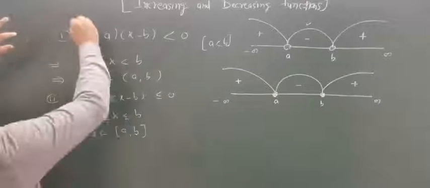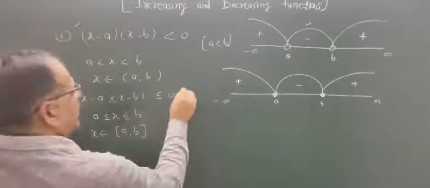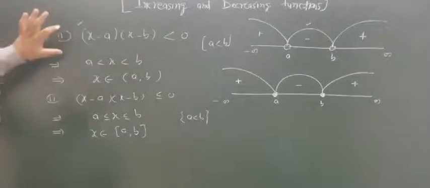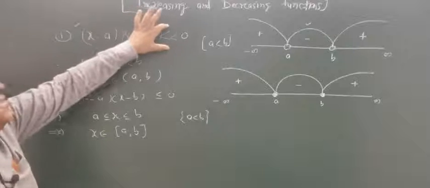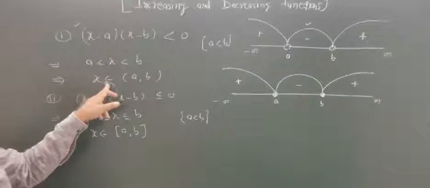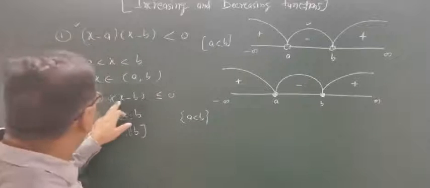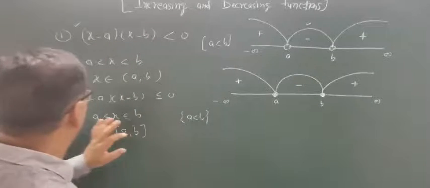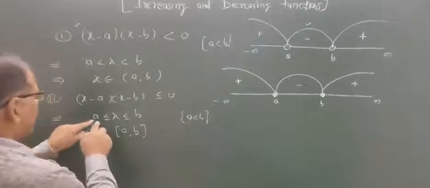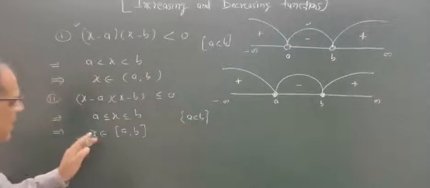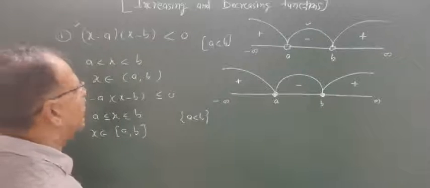So to recap, with a less than b: if (x minus a)(x minus b) is less than 0, our solution becomes x belongs to the open interval (a, b). If (x minus a)(x minus b) is less than or equal to 0, our solution becomes a less than or equal to x less than or equal to b, or x is an element of the closed interval [a, b].